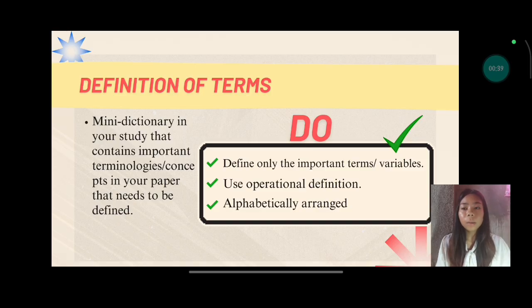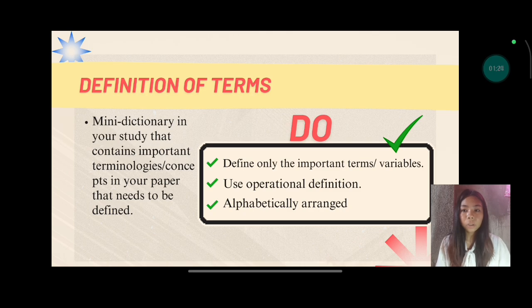And here are the tips on how to write the definition of terms. First is to define only the important terms and variables, meaning you will put the main variables here, possibly also the sub-variables. You will enumerate them here and give them the operational definition.